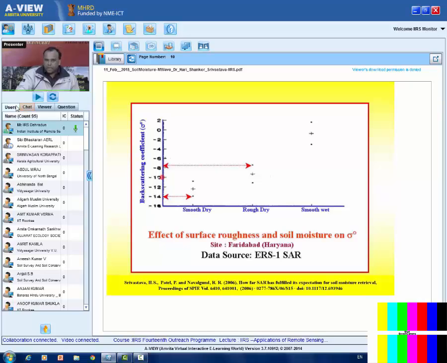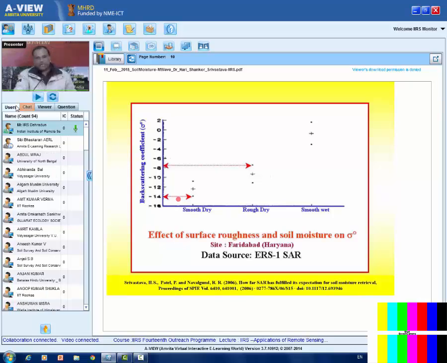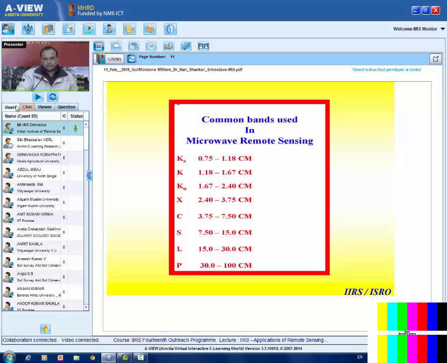It's a huge variation, because soil moisture produces approximately 3 to 4 dB variation, around plus minus 3 dB or plus minus 4 dB. So if a plus minus 3 or 4 dB variation is due to change in surface roughness, it is impossible to estimate soil moisture in the presence of surface roughness.